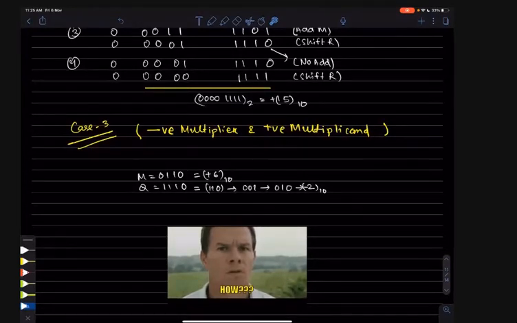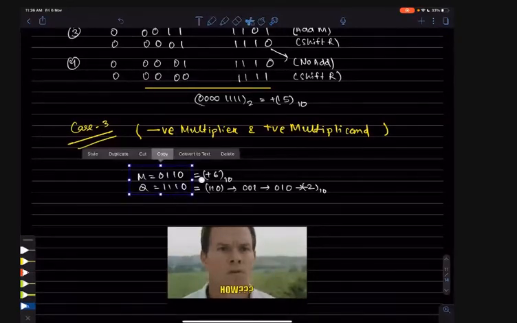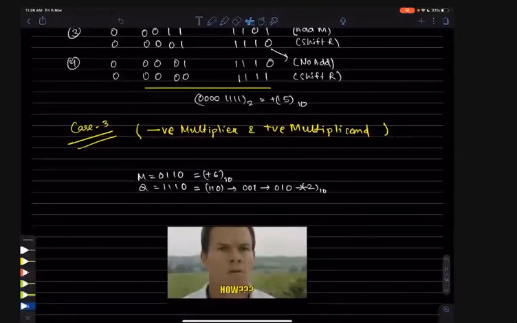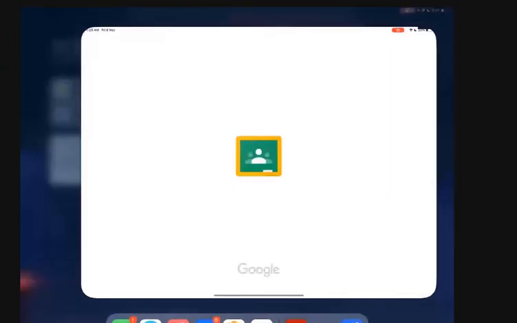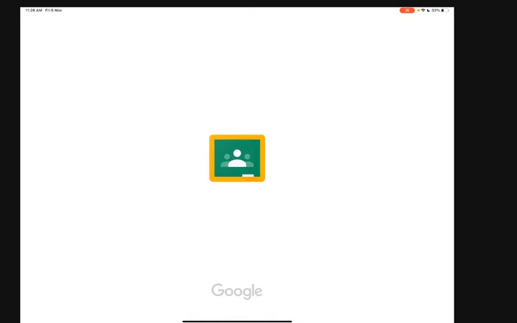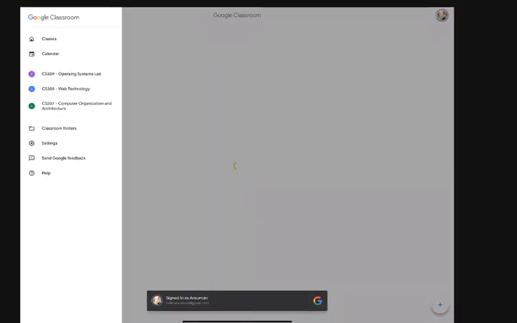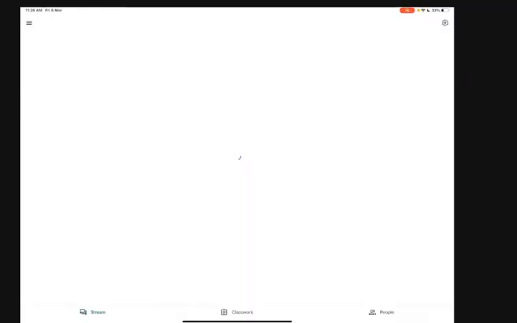Whoever solves it, take a photo, scan the copy and post it in the comment on Google Classroom. So this is your question. You have to post the result in Google Classroom. I am posting this question.